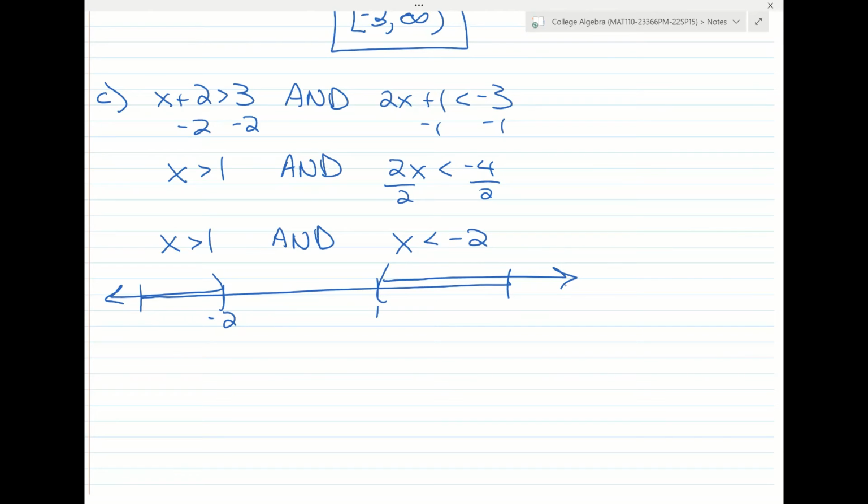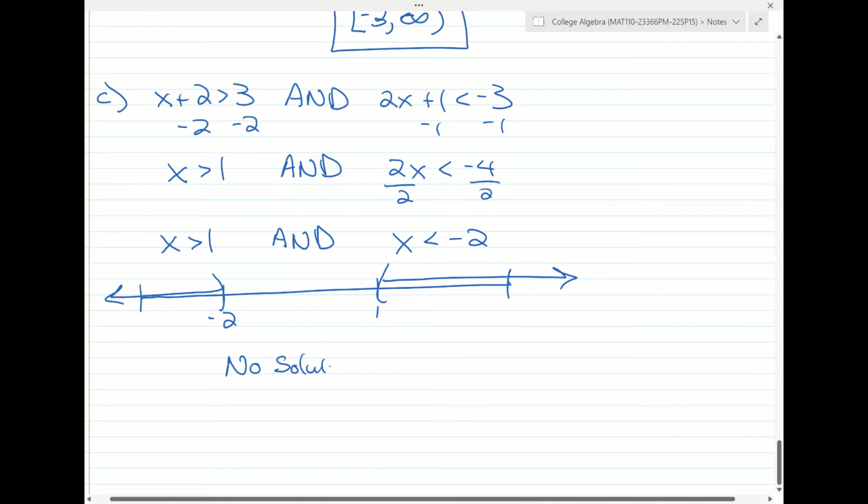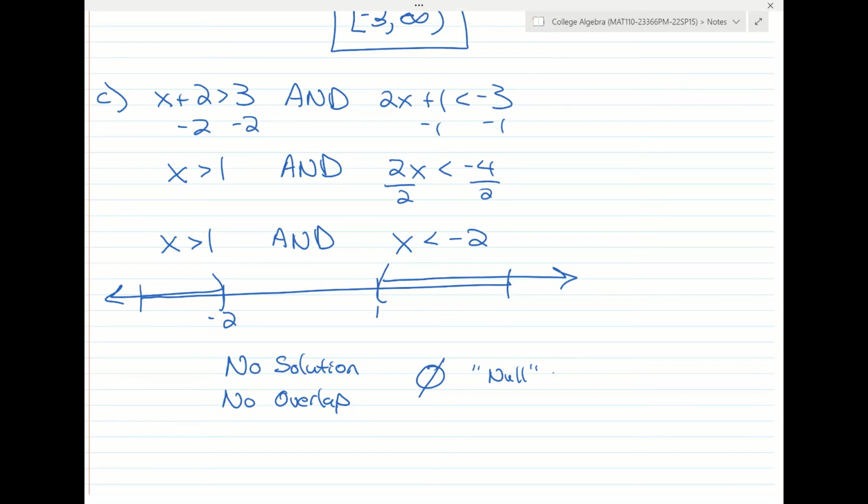There's no solution. The way we would write this answer is we'd just put this symbol, which is null. We did talk about that in one of the previous classes. If there's no solution, we put a 0 with a line through it. That means that there's no solution.